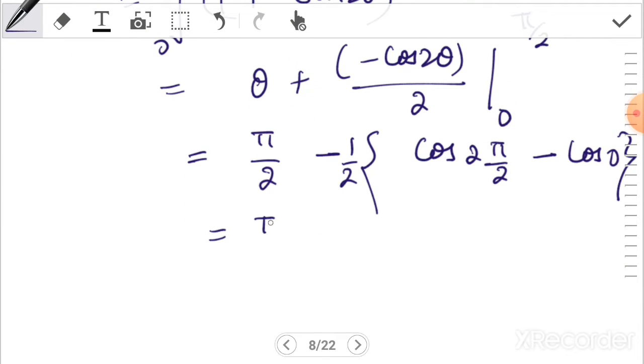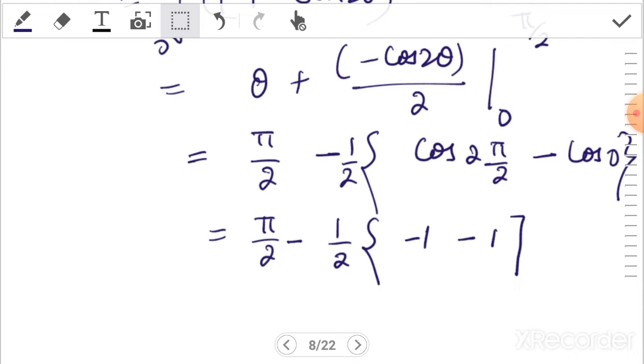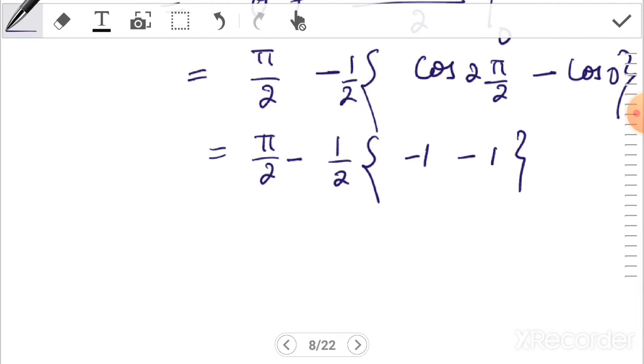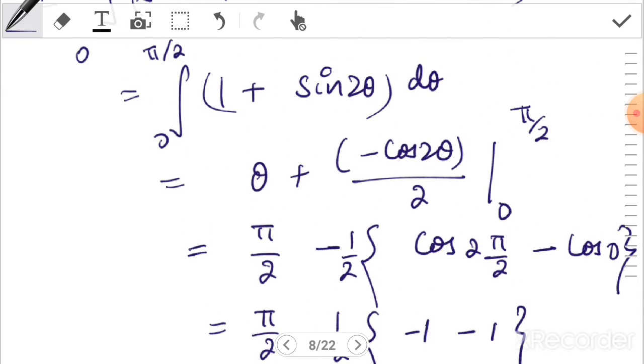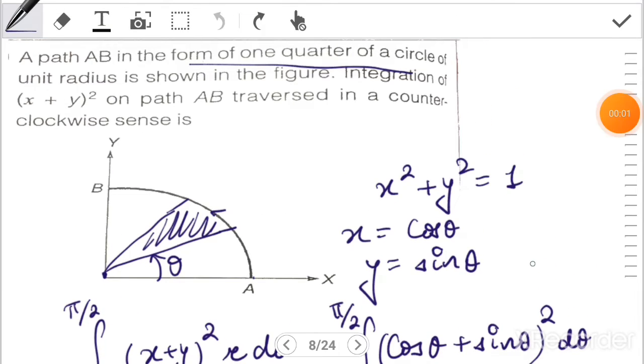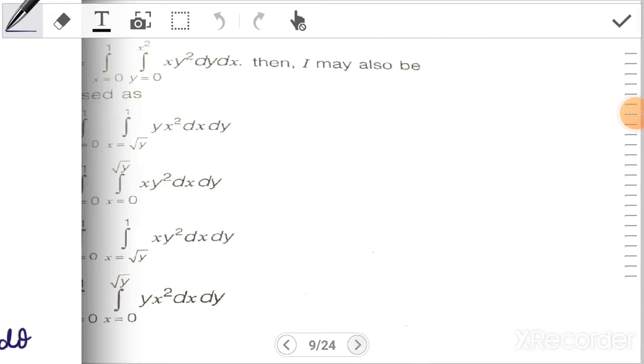So this is pi by 2 minus 1 by 2 times (cos pi minus cos 0), and cos pi is minus 1 and cos 0 is 1. So equal to pi by 2, so minus 2 cancels and plus 1. Right? So pi by 2 plus 1 is the right answer. Let us go to the next problem.